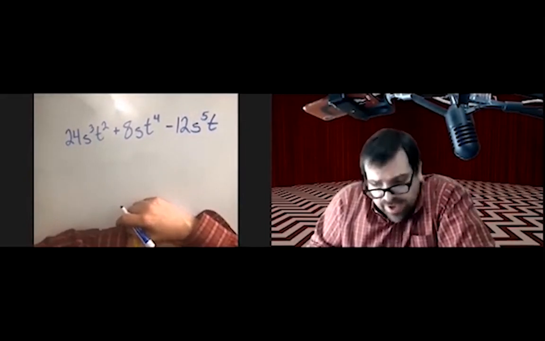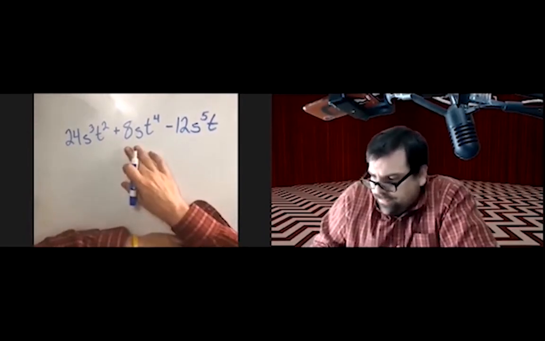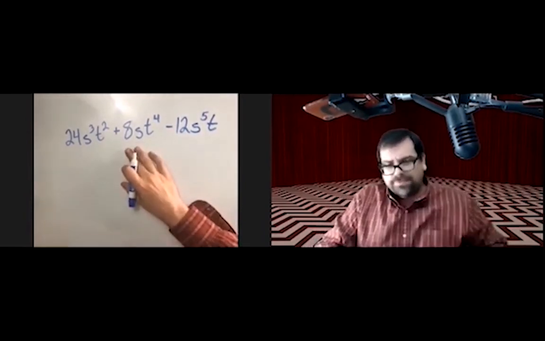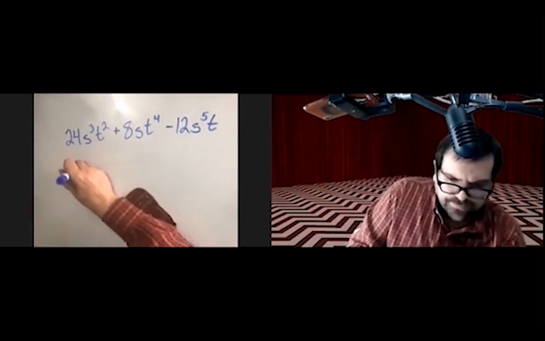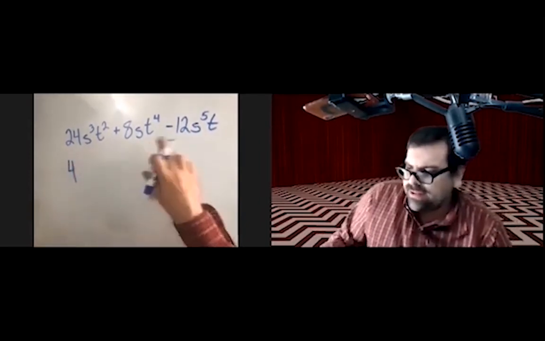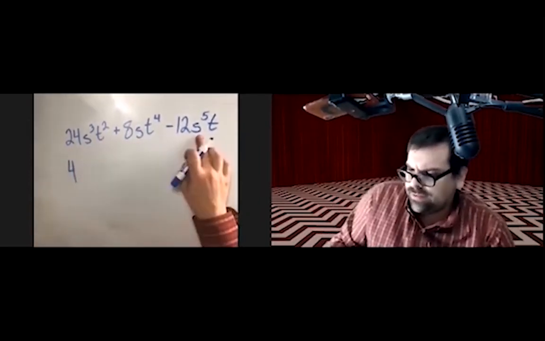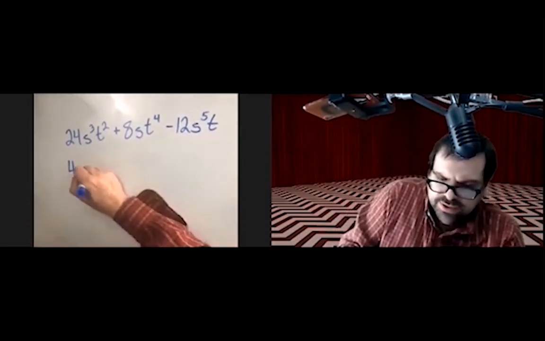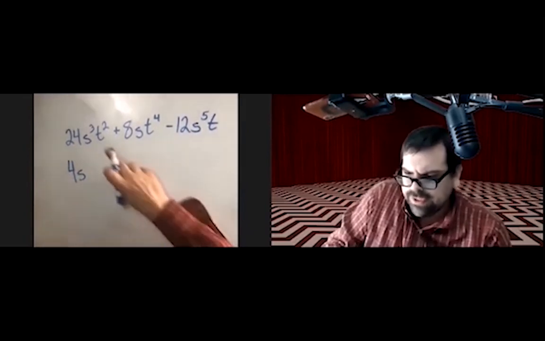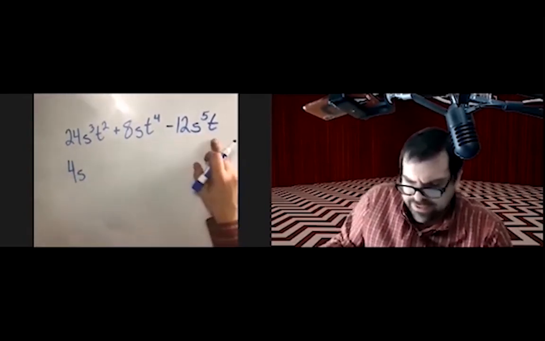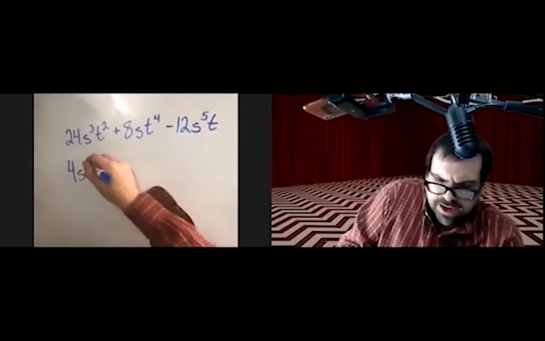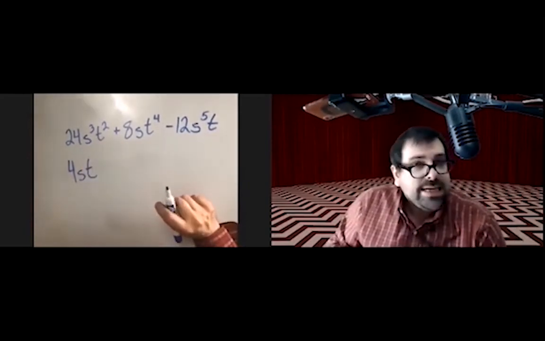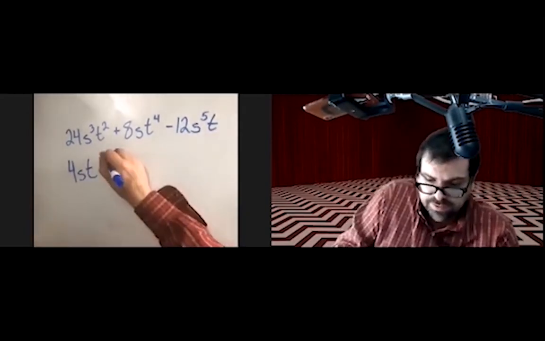The greatest common factor would be 4. S is in all three of these. The lowest power shown is S to the first. T is in all of these. The lowest power shown is T to the first.